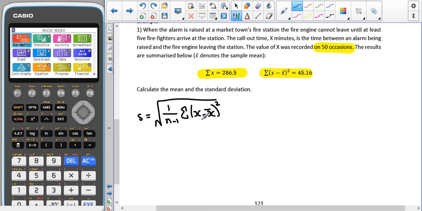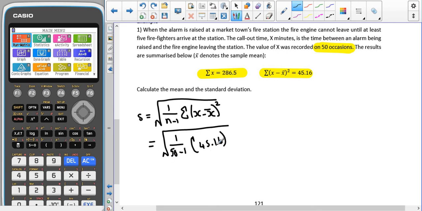We're going to use that formula for our standard deviation. So then putting in the values that we know from the question, that's going to be the square root of 1 over n is 50, because we did this on 50 occasions, minus 1 times the sum of X minus X bar all squared, which is just 45.16.